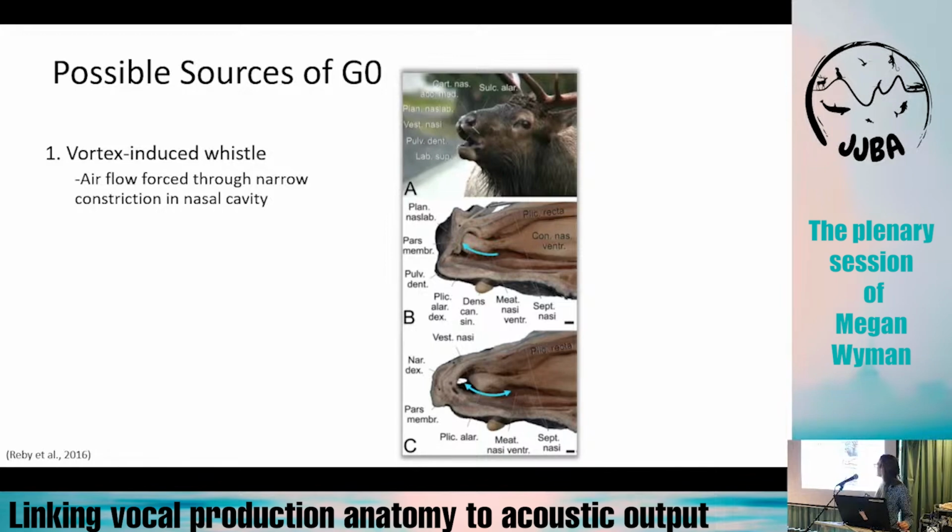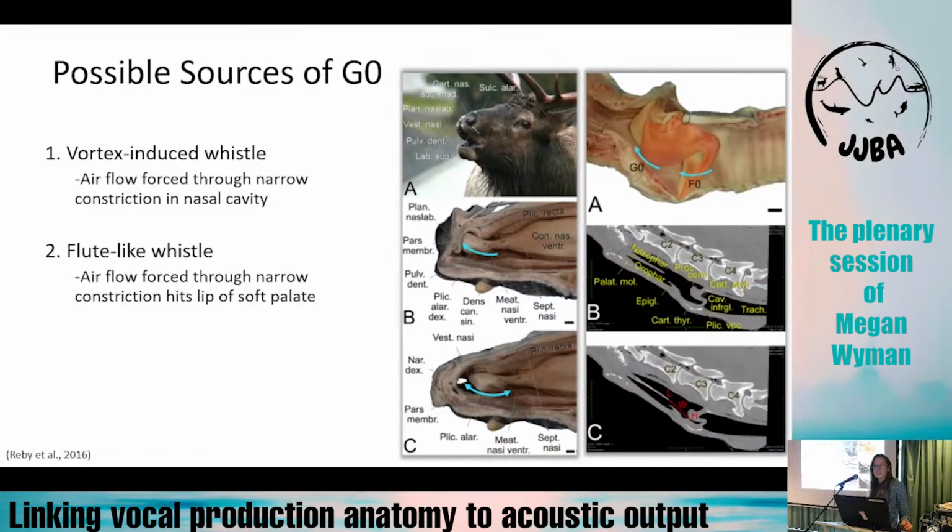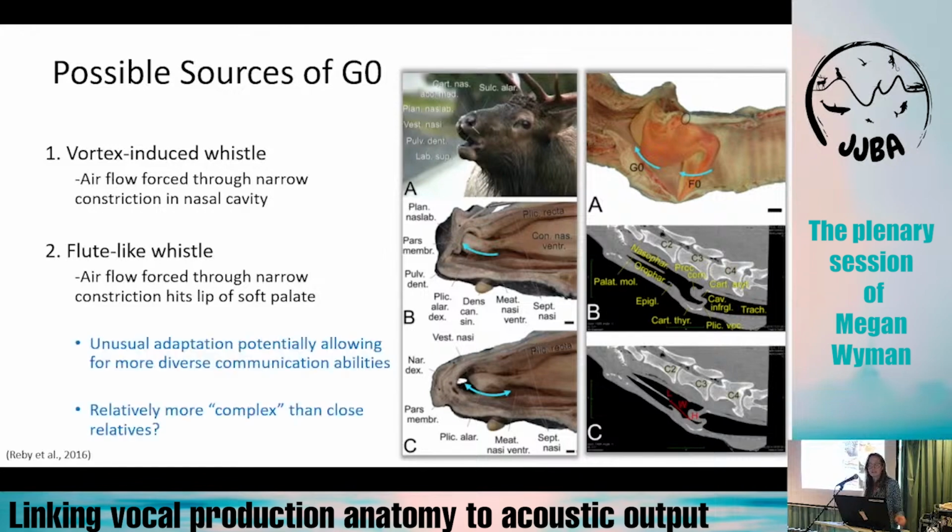So that could be creating constrictions in the passage that make this whistle. Alternatively, it could be a flute-like whistle where air is forced across a narrow constriction that hits the lip of the soft palate. So that is like right here, sort of like replicating a flute. That's still something that is unknown, but it's really interesting to make some guesses based on the anatomy.